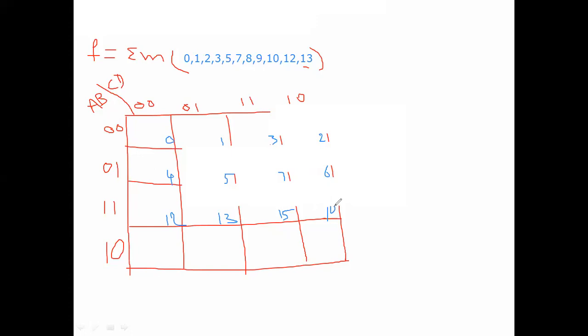Do you remember how to get these values in the cells? In the previous class, we discussed this. Then 8, 9, 11, 10. So completed. This is the general K-map. Now put ones in the corresponding cells.